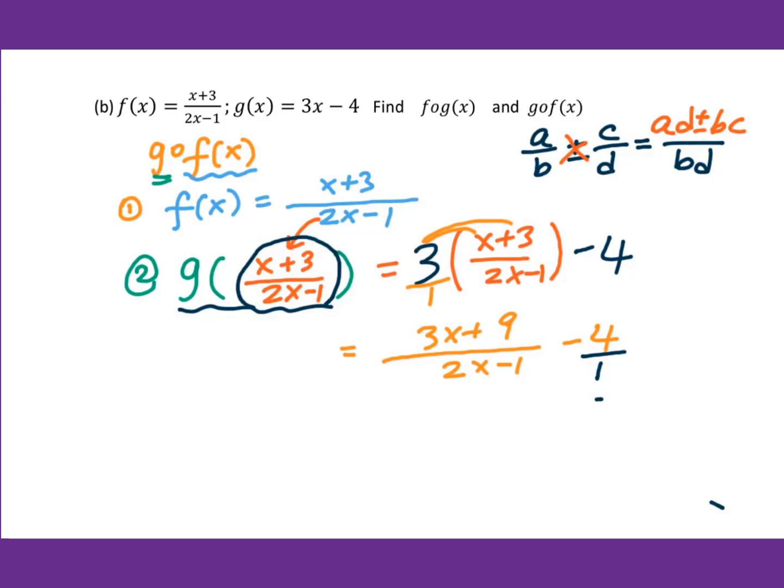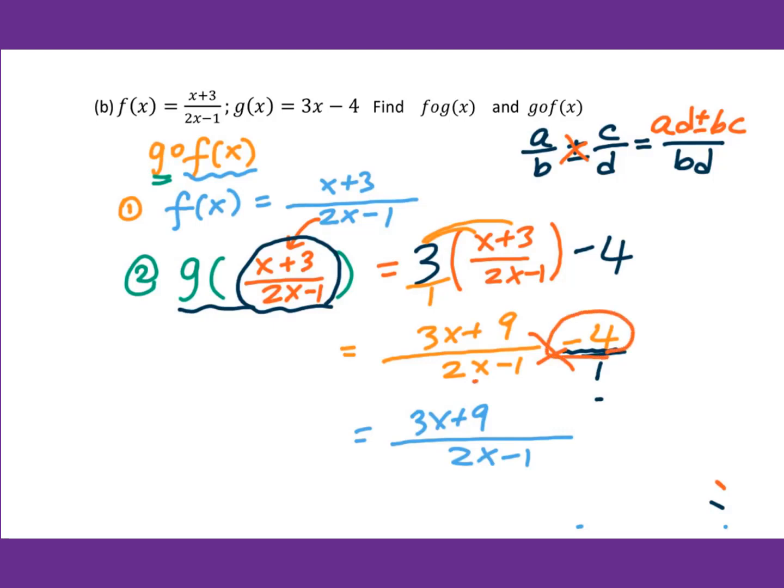So we count this one as a negative 4 when you do cross multiply. Denominator 2x minus 1 times 1, that's 2x minus 1. Top 3x plus 9 times 1, that is 3x plus 9. Then count this one as negative 4.